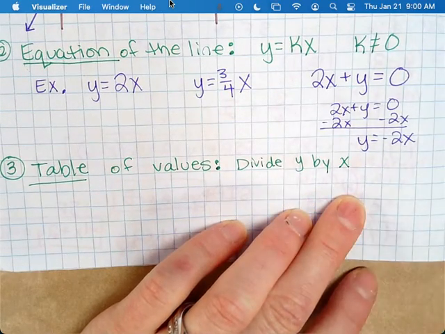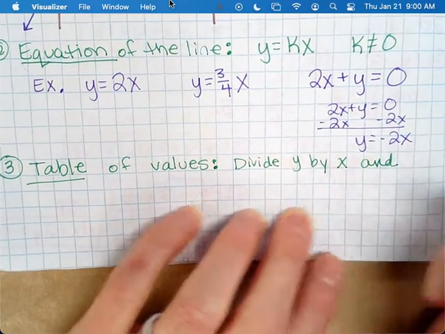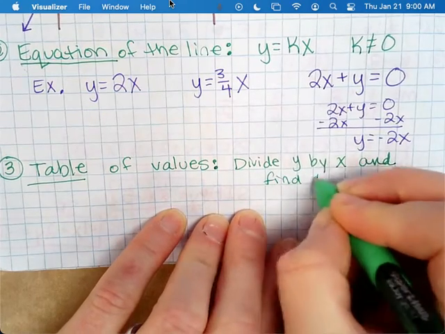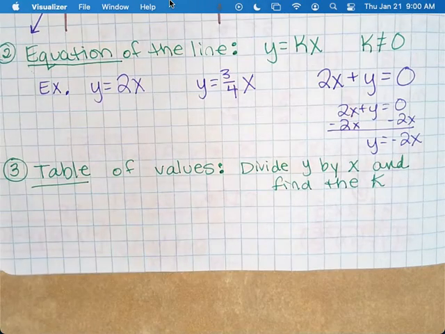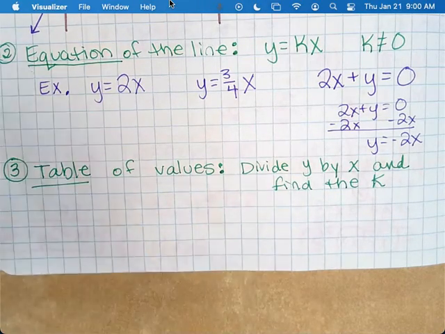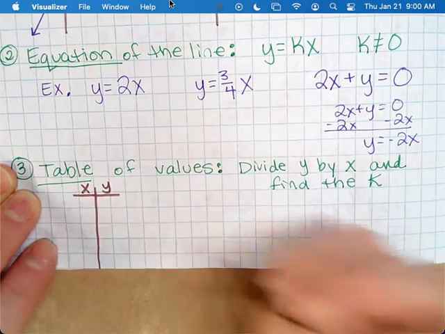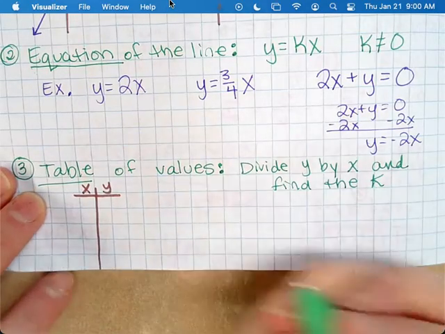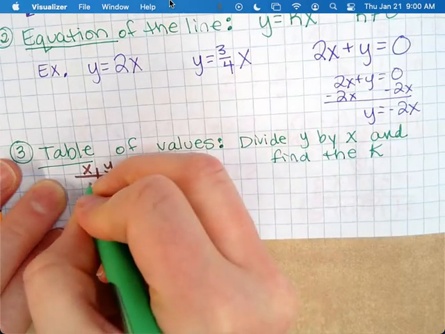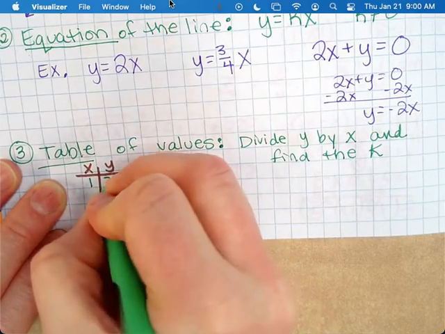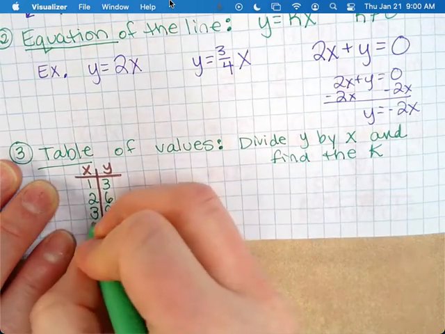It'll be the same every y over x. So we'll look at a table of values, x and y. So I'll do 1, 3, 2, 6, 3, 9, 4, 12.